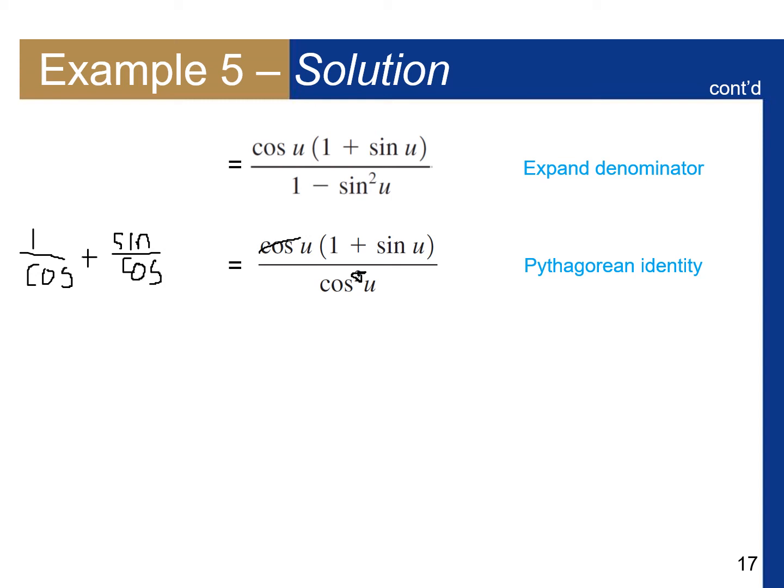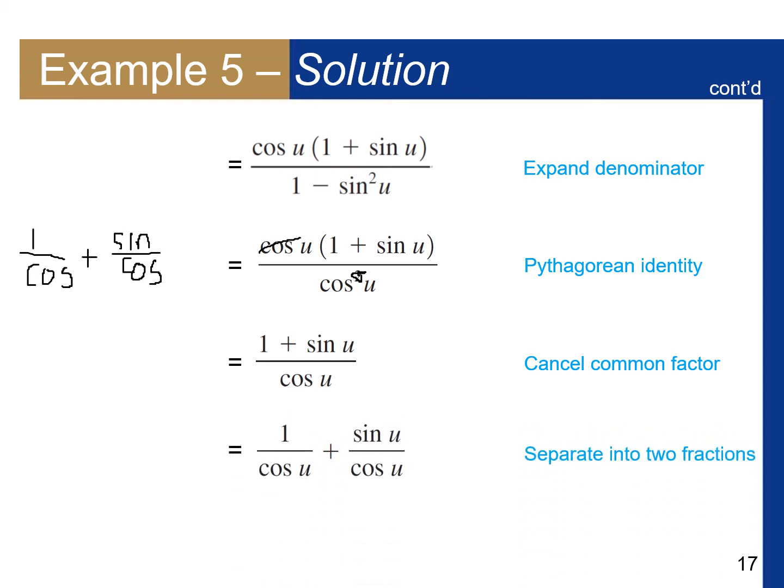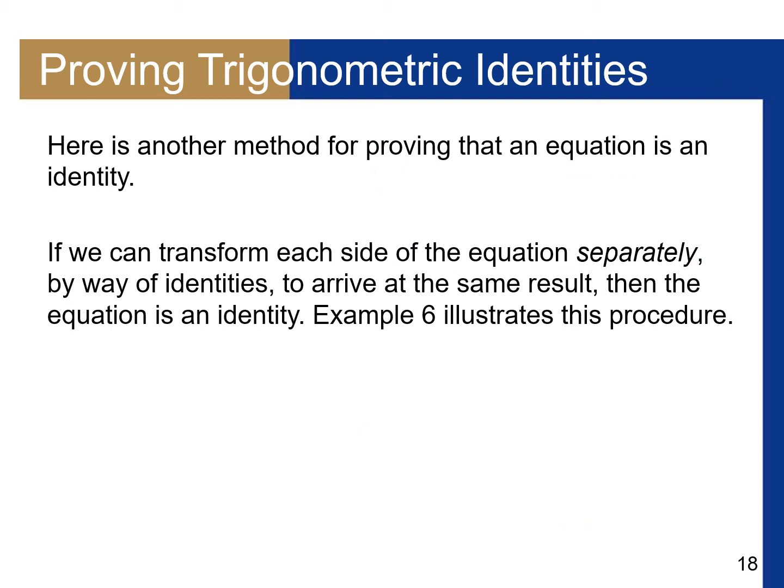Now, I know that 1 over cosine is equal to secant. See, they just did right here what I did there. So that will reduce to be secant, and the other will reduce to be tangent. Is that what I wanted? It is.